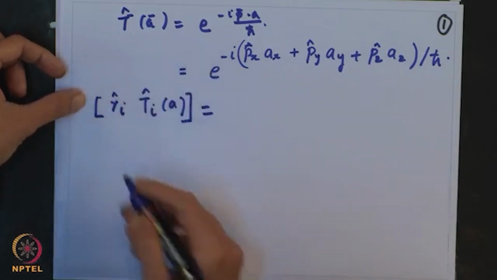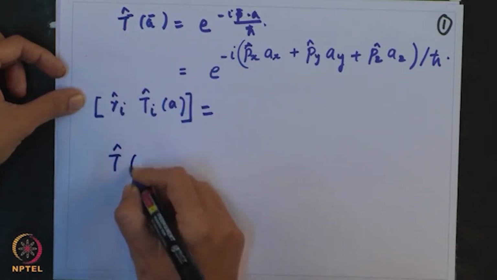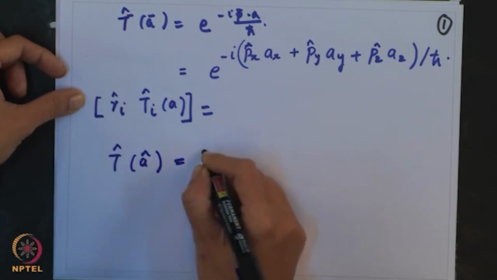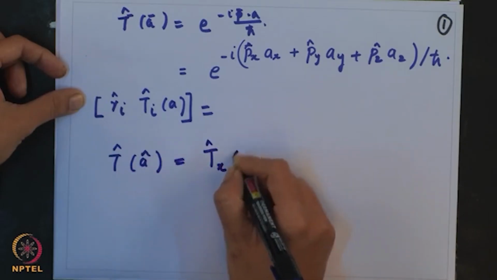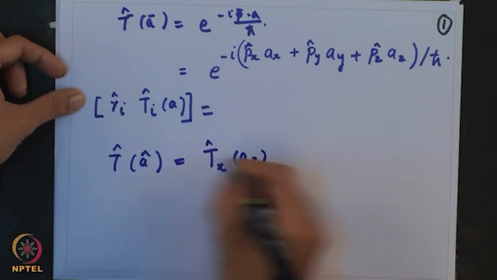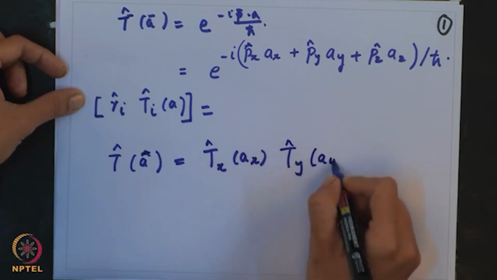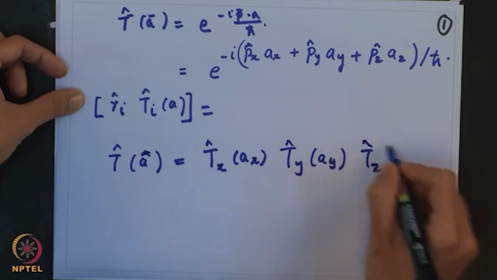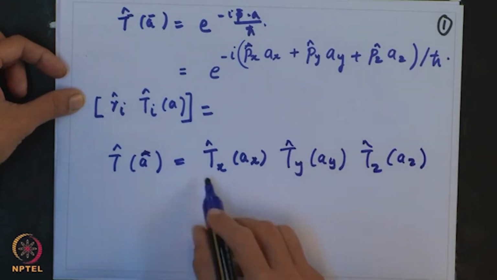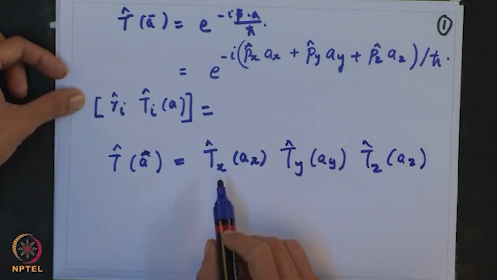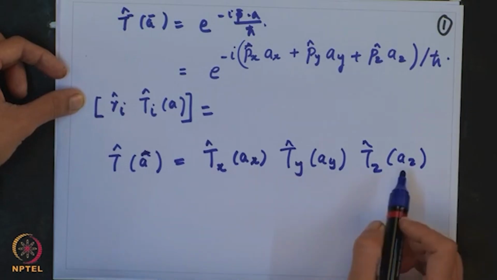So, this T(a) I can write as Tx(ax) Ty(ay) Tz(az).